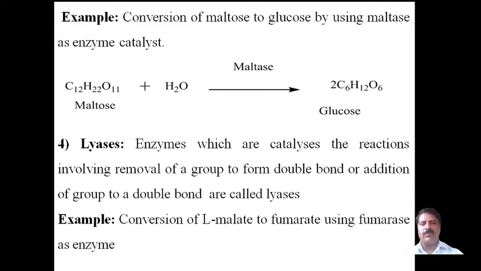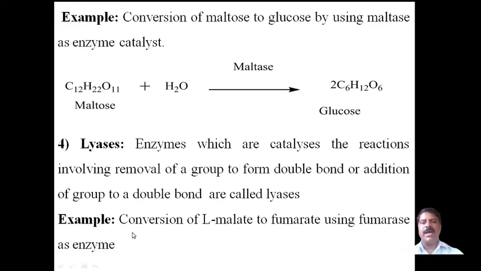By removing the group, the double bond is induced, or by adding the group to the double bond, the double bond is removed. Such a type of reaction involves an enzyme called a lyase.